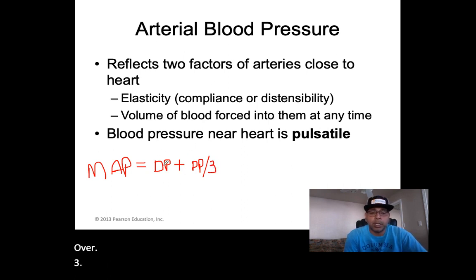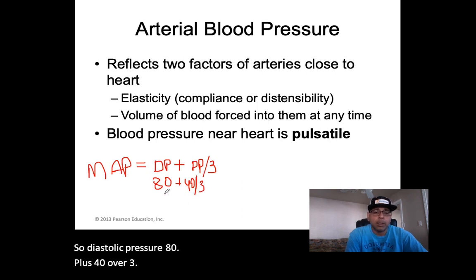So diastolic pressure, 80, average, plus 40 over 3. So we said 93 millimeters of mercury.